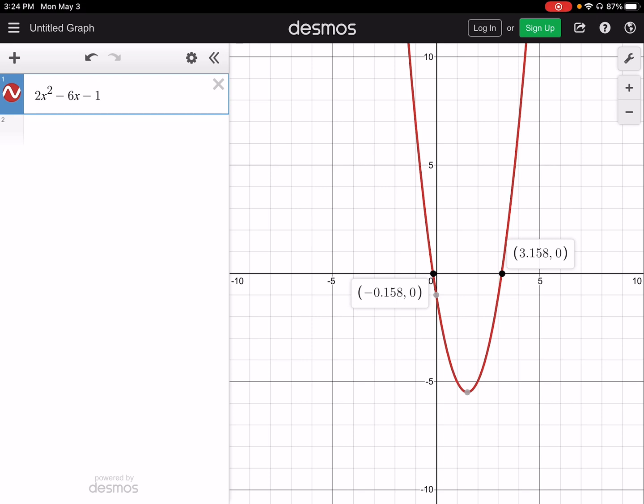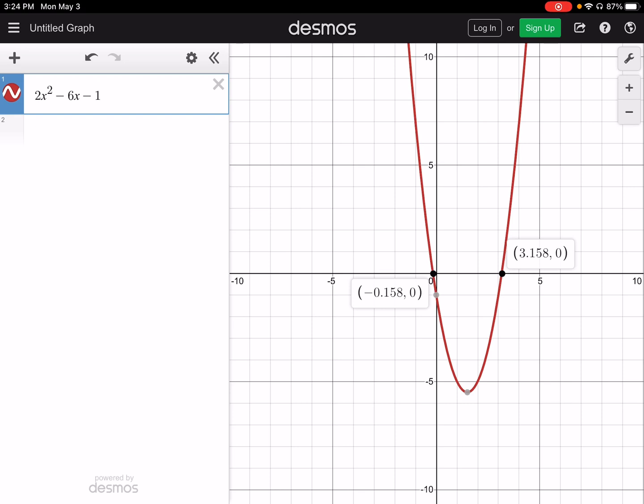I only need 2. So I do still have to round. For the first one, negative 0.158, the 8 is going to make the 5 become a 6. And for the second one, 3.158, once again, the 8 is going to make the 5 become a 6.